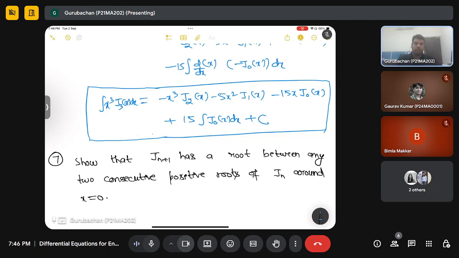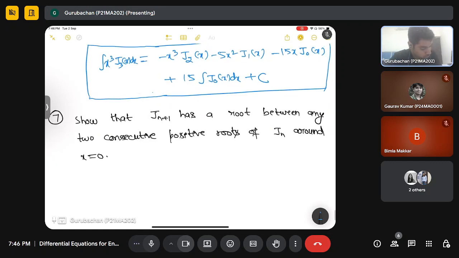So let us do the proof. Let x1 and x2 be two positive roots of Jn(x).